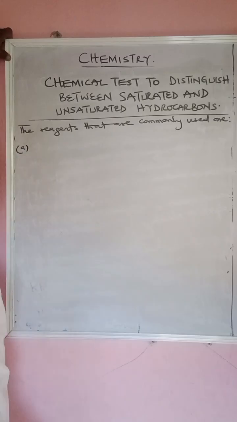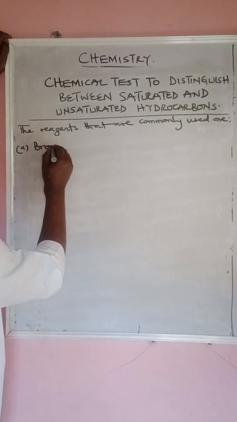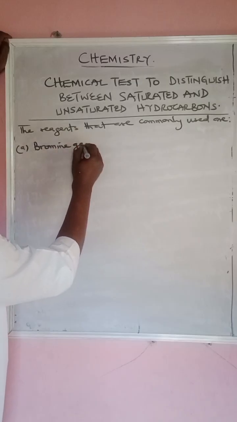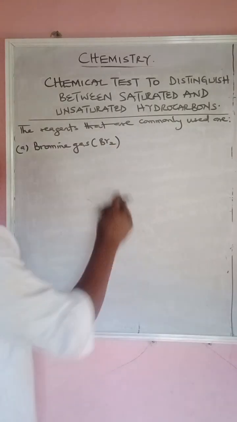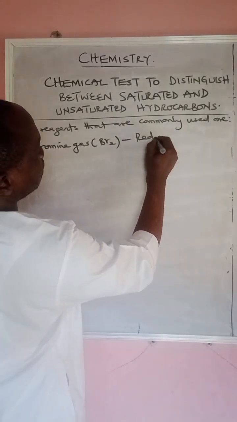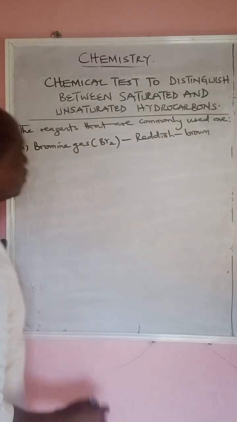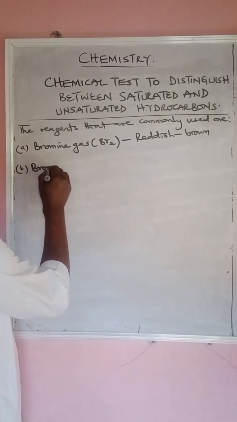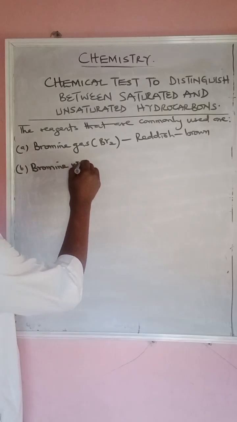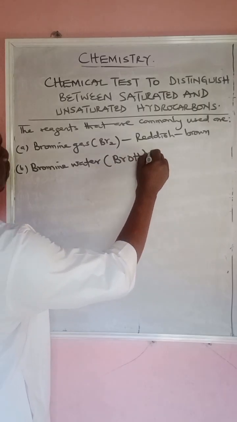we have A or 1. A, we have bromine gas, Br2. You know the color? Reddish brown. Take note of that. We have 2. We have bromine water, call it BrOH.